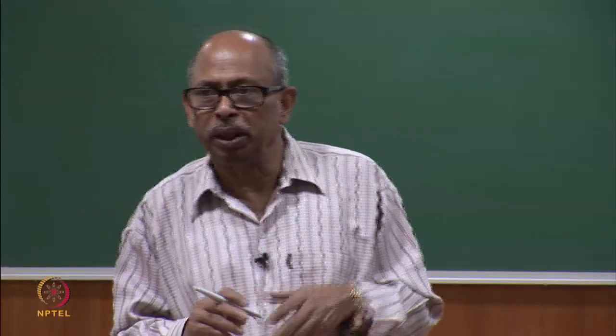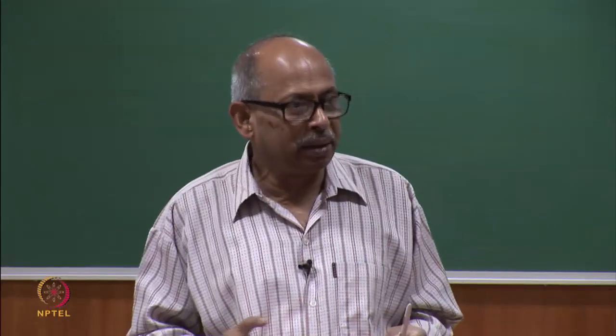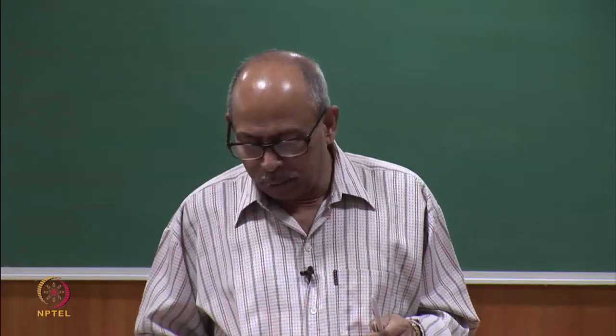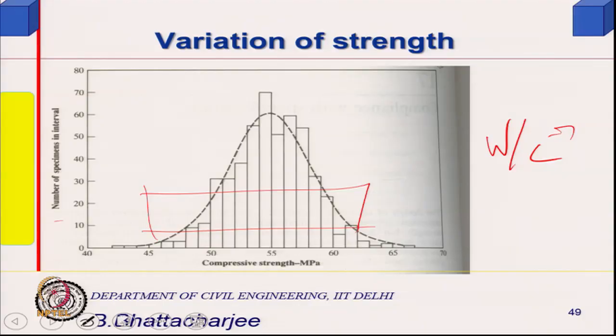I think I have already talked about it in my earlier service class. Therefore, concrete strength is also one of them. So, it varies normally, normal distribution for concrete, right. Concrete strength, or any other property, actually exhibits normal distribution.